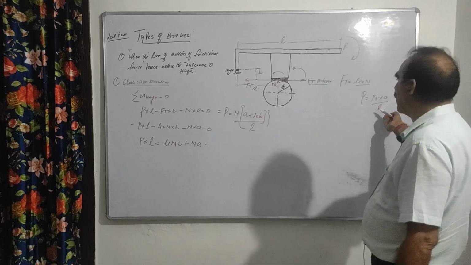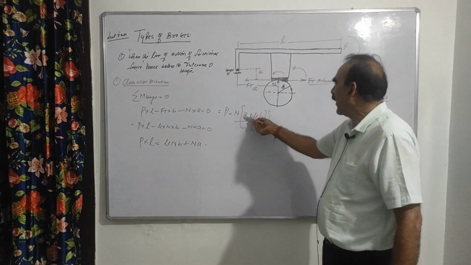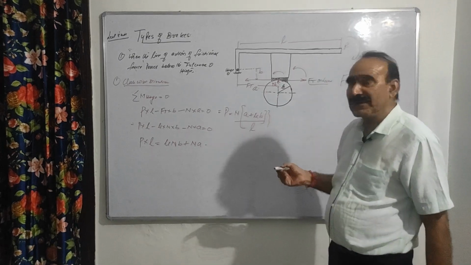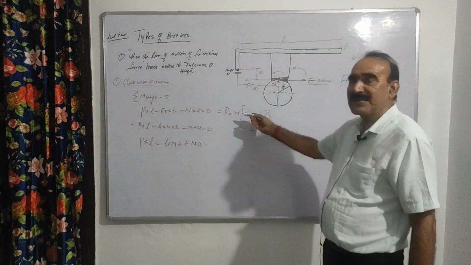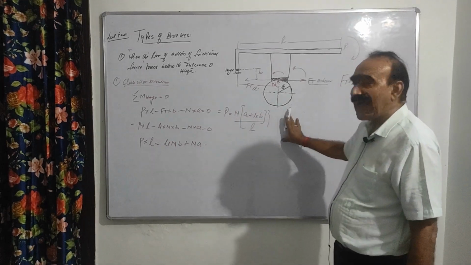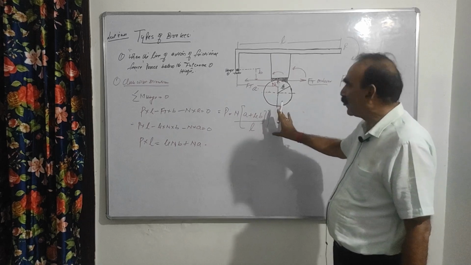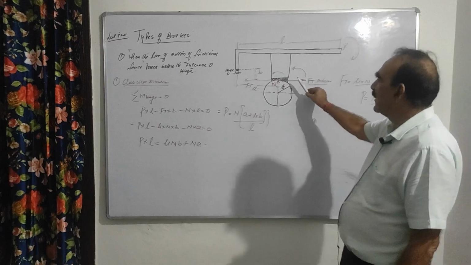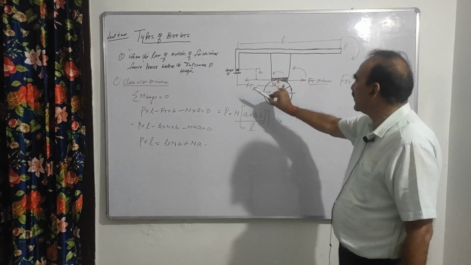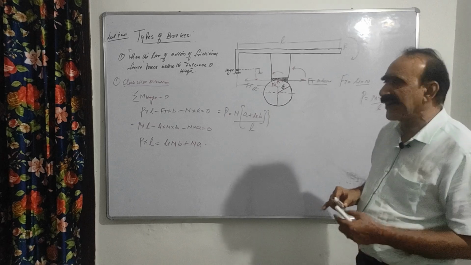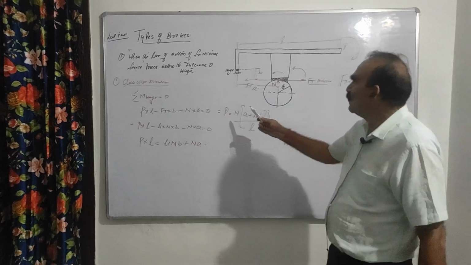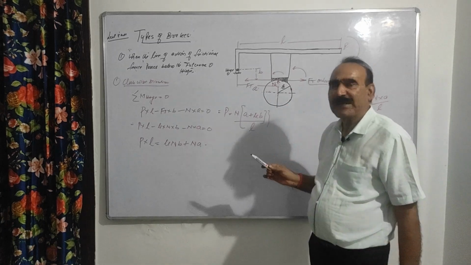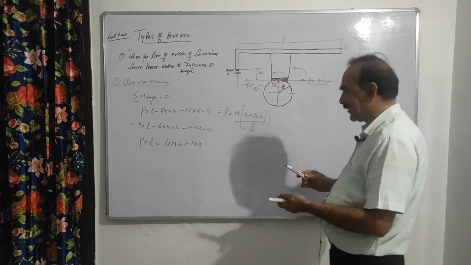This is N into A upon L, and this is equal to N into A plus N into mu B upon L. So there is no use of this, because we have to apply more force when the line of action of force passes below the hinge and the drum is rotating in the clockwise direction. In that case, more effort is required to stop the drum, right? So this is the first case.